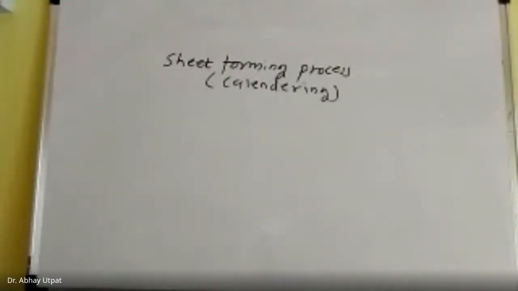And as you know, these rolls should be hard, and they are made up of usually cast iron. You can write: these rolls are made up of cast iron and heated with hot oil. Rolls are heated with hot oil.